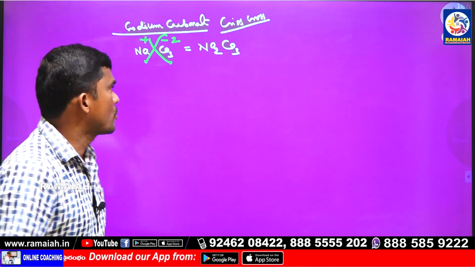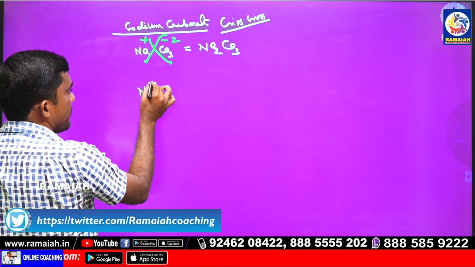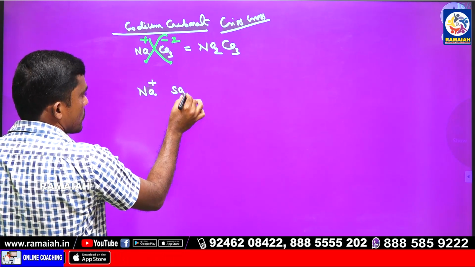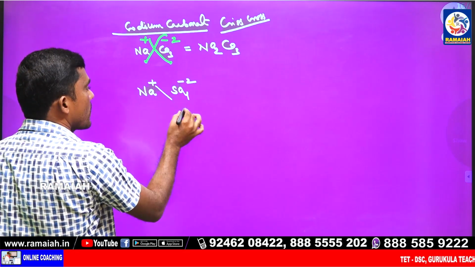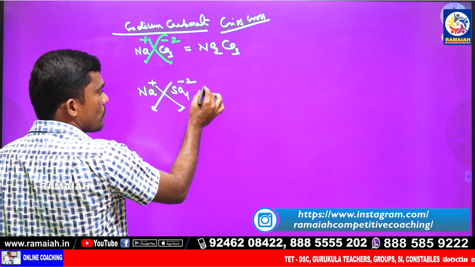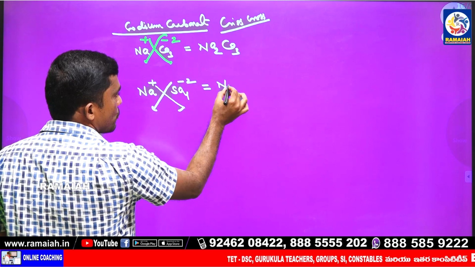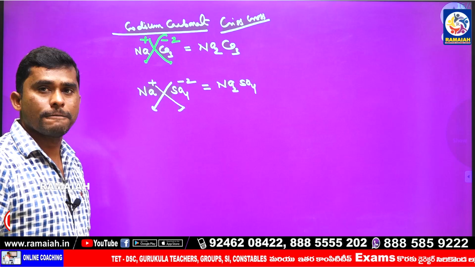For example, sodium sulfate. Sodium means Na plus. Sulfate means SO4 minus 2. Here the charges are not equal, so use the crisscross method. Then the formula is Na2SO4.